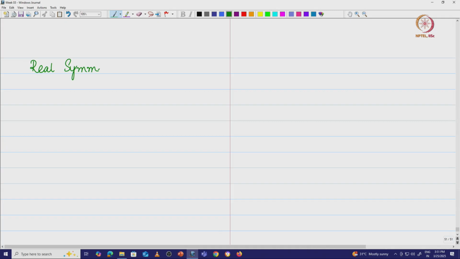Real symmetric matrices. So, what are these? What do we mean by a real symmetric matrix?